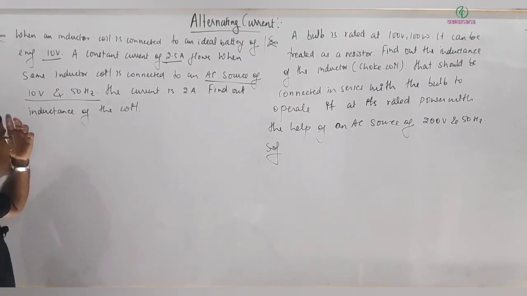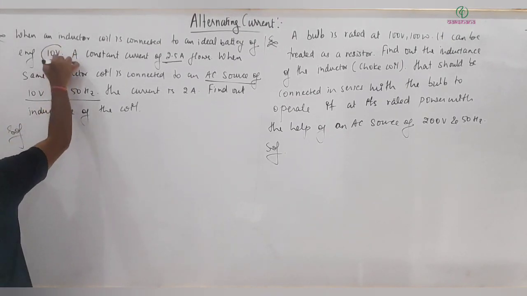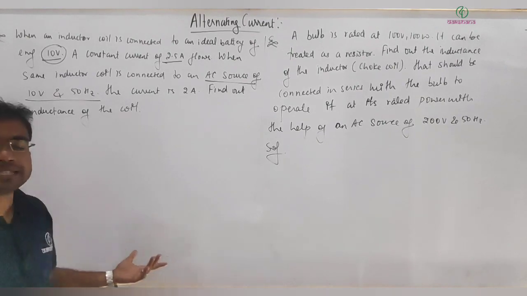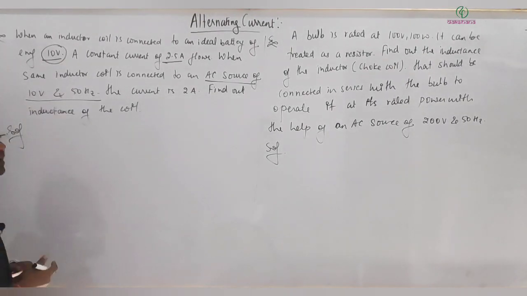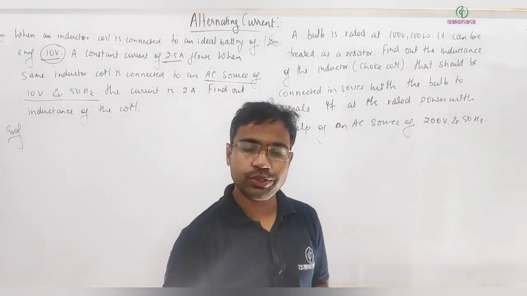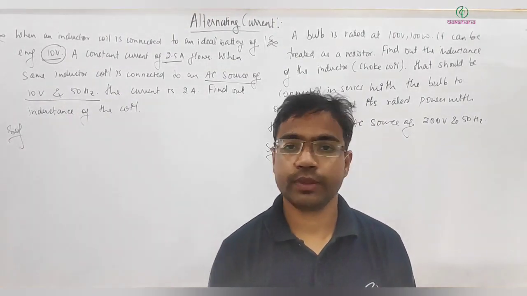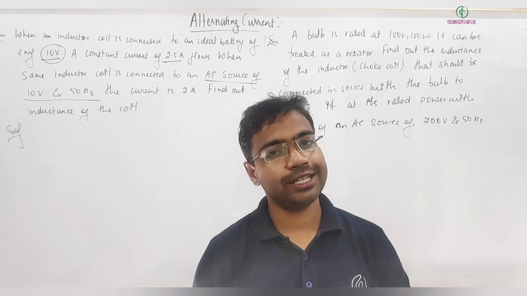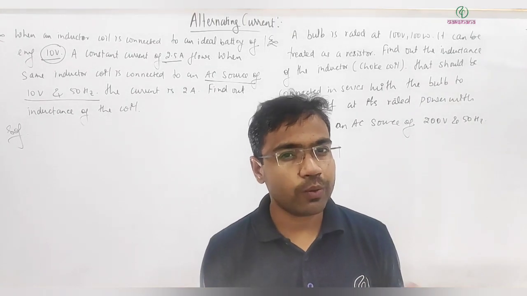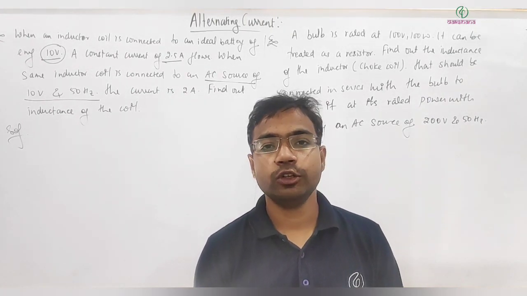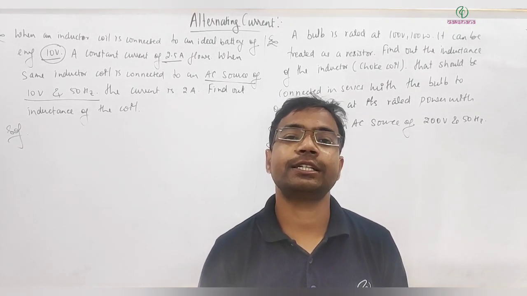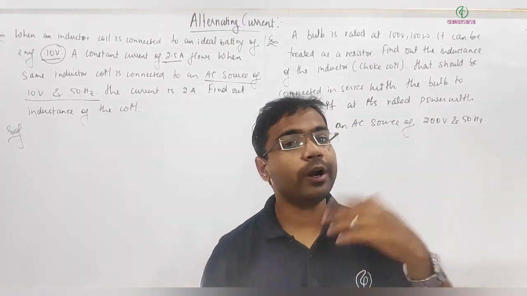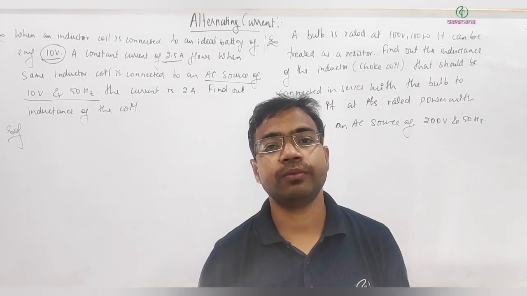First you need to understand the question actually. Here it's saying 10 volt, that means it's actually a DC source, ideal battery. So when we are connecting an inductor coil to a DC source, what will happen? The current will be constant. Will the inductor work like an inductor? Because you must be knowing, in steady state, if an inductor is connected to a DC source, it finally acts like a wire.